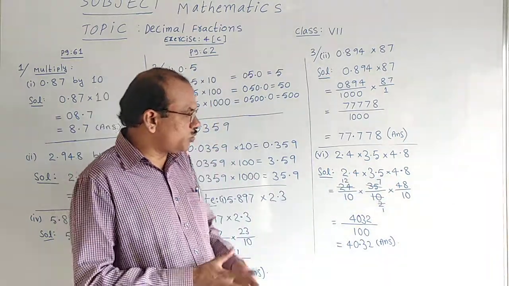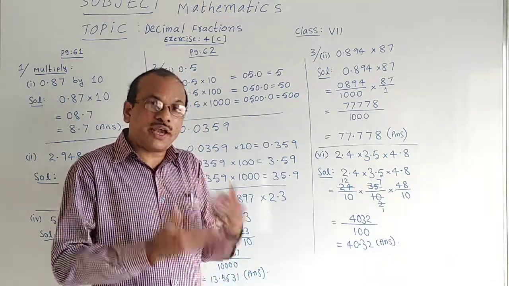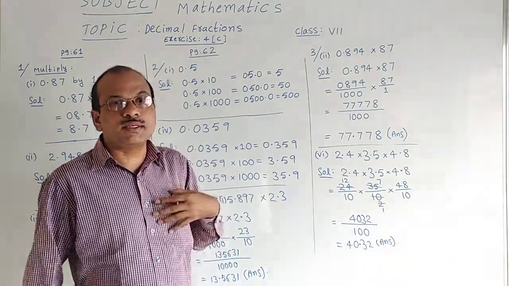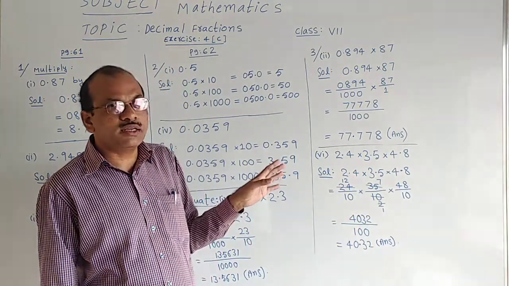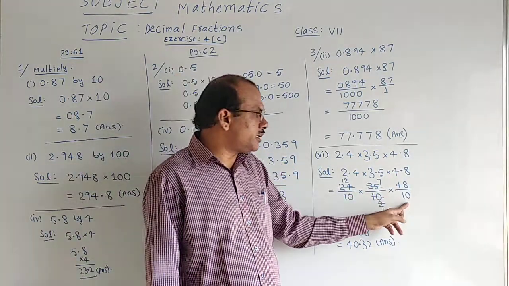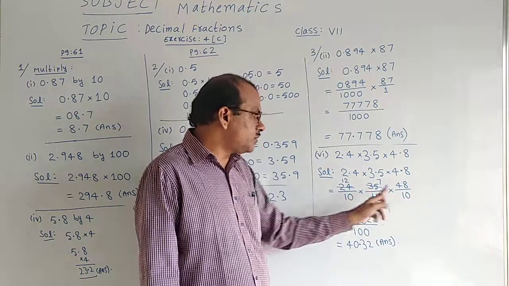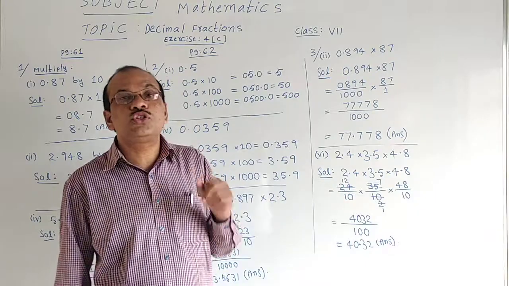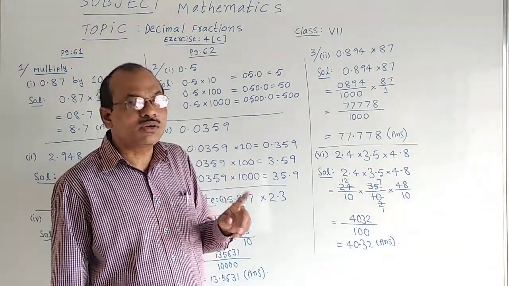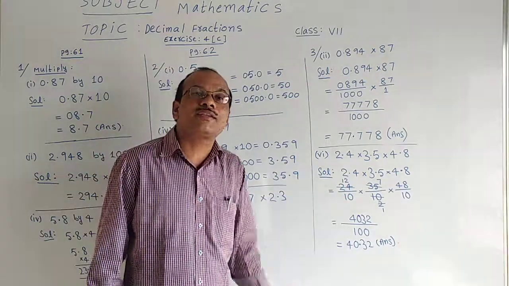But I am not going to cancel, because even if you cancel, we will get the same answer. But here, why I have selected without cancellation is, 10 into 10 into 10 is 100, and when there is a number with zeros starting with 1, our task will be easy for the next step.